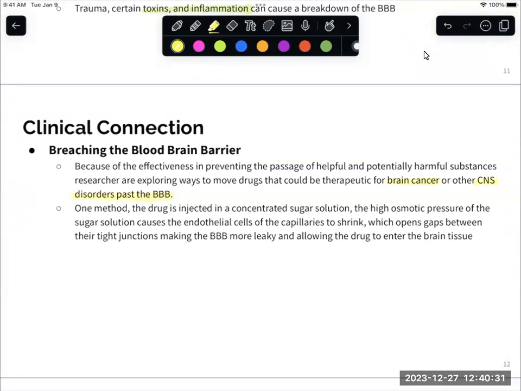One idea is a sugar solution, because glucose can cross that blood-brain barrier through facilitated transport.